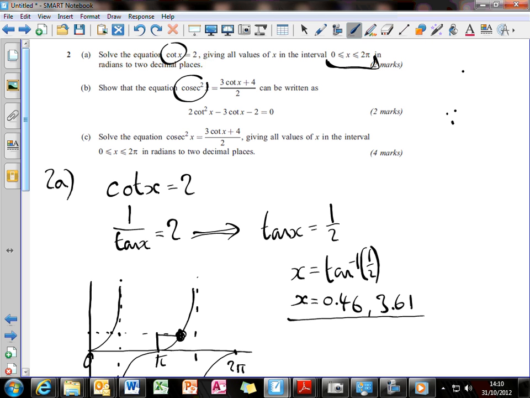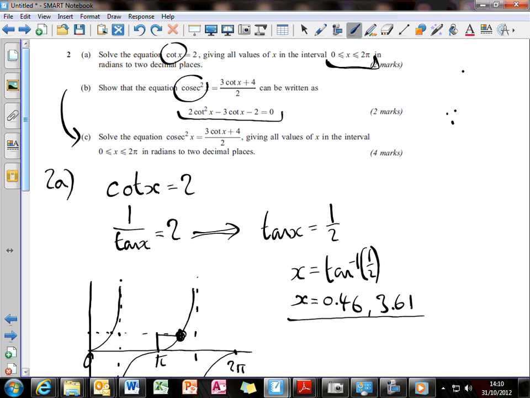Next question is show that this equation cosec squared x equals 3 cot x plus 4 over 2 can be written like this. This is going to require one of the new identities that you get on C3. At the moment, it's taking us towards this question at the bottom, which is going to be to solve that.